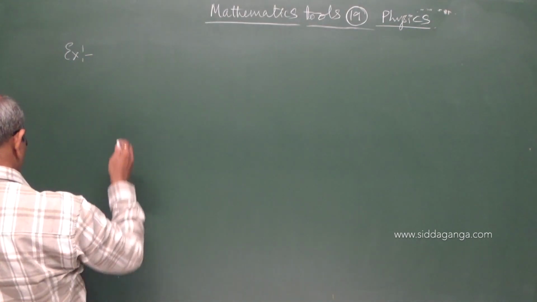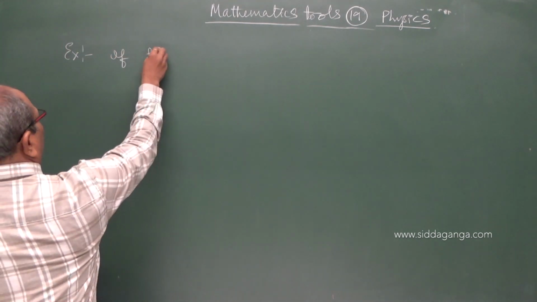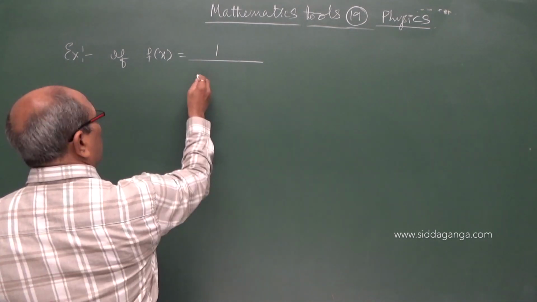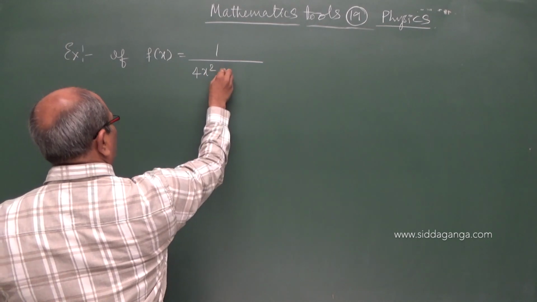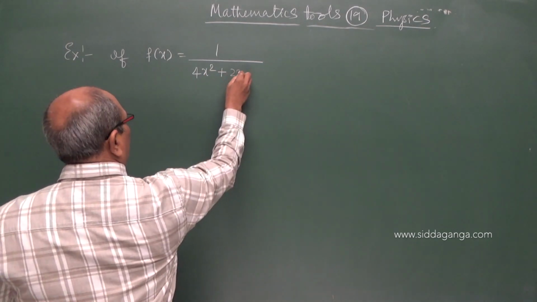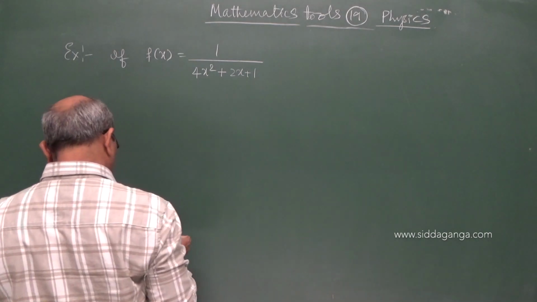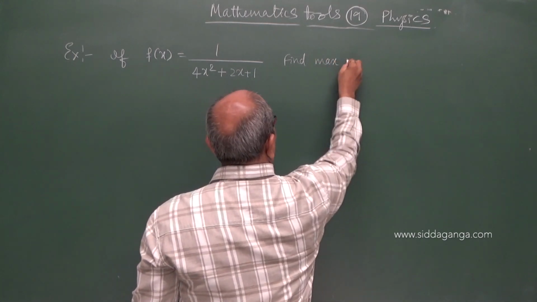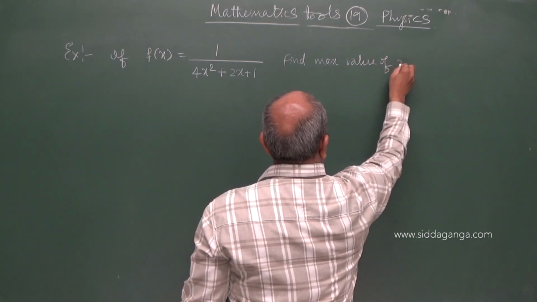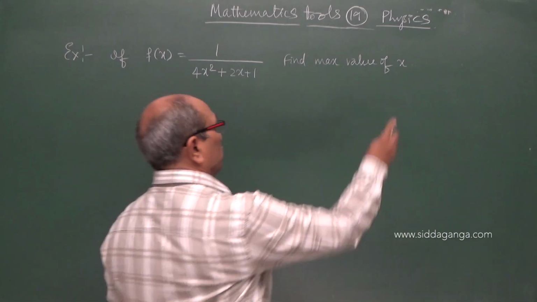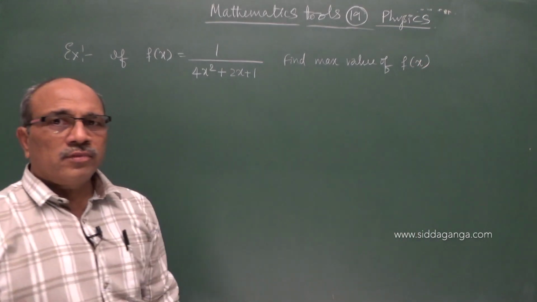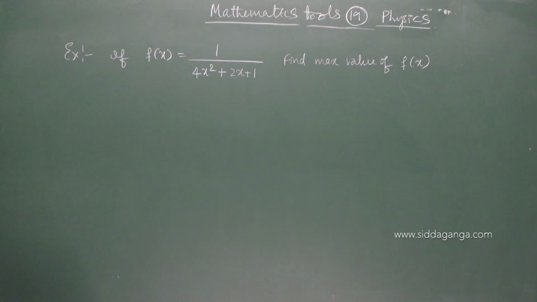So take another example. If f of x is equal to 1 by 4x square plus 2x plus 1, find the maximum value of f of x. So the maxima is already fixed.